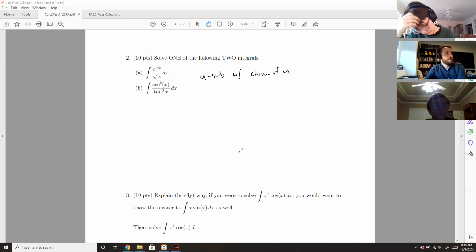And so I'll briefly remind you that in u substitution, we were often choosing u to be some expression involving x's, and then we would compute du. du would then be the derivative of that times dx.